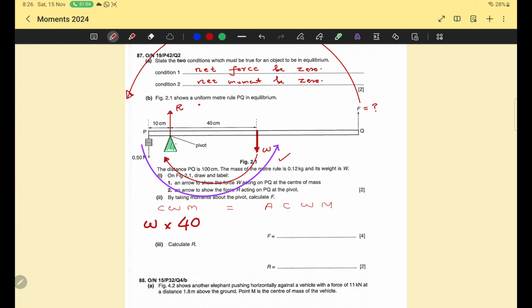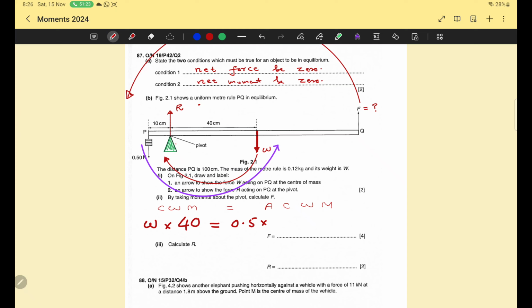Weight times 40 centimeter is equal to the anti-clockwise moment. Anti-clockwise moment is this. Yes, this is anti-clockwise. Its value is 0.5.